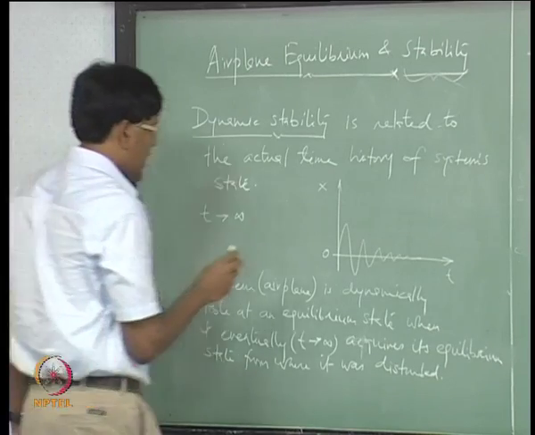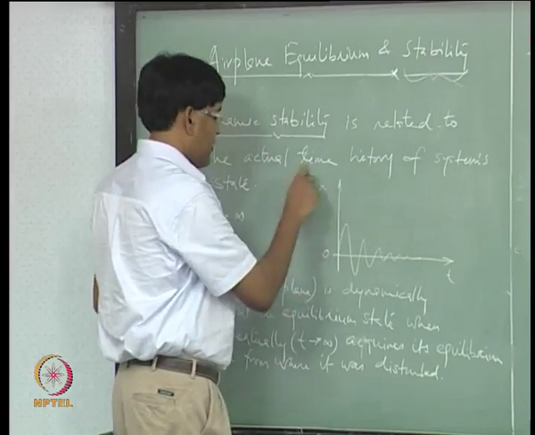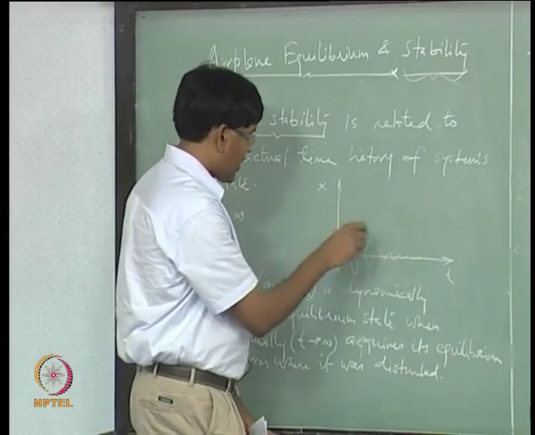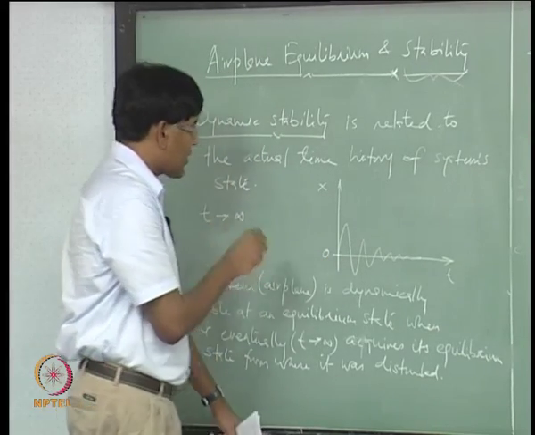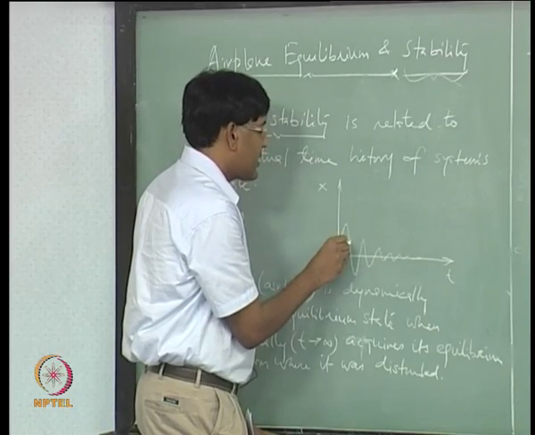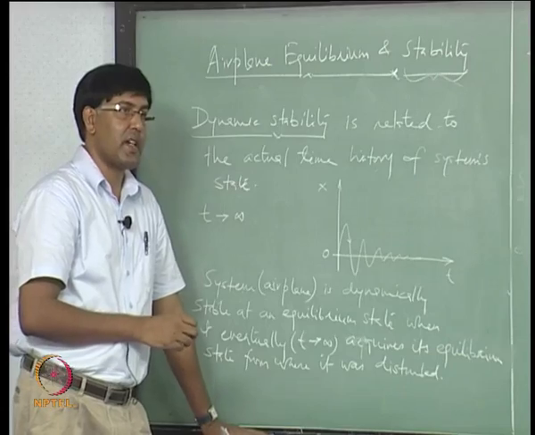So, clearly it looks like this system, for which I have written this state x and plotted it against time, is having a tendency to go back to its equilibrium condition.